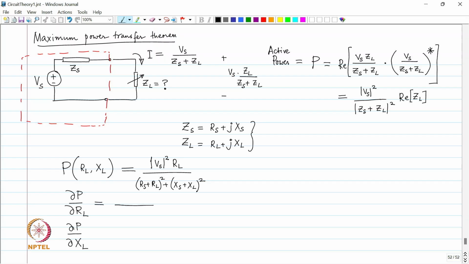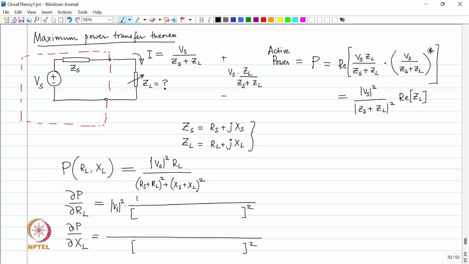So, how is this done? I have something divided by something, numerator divided by denominator, and therefore, denominator square comes in the denominator, and what happens to the numerator? Numerator into derivative of denominator.